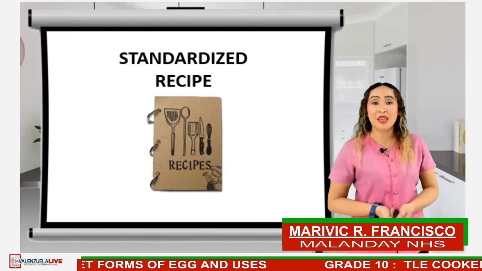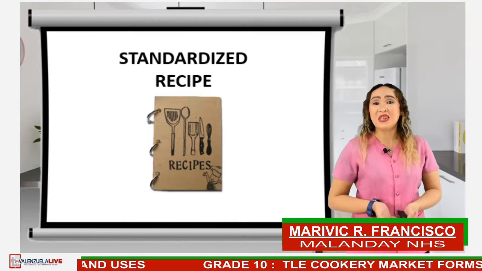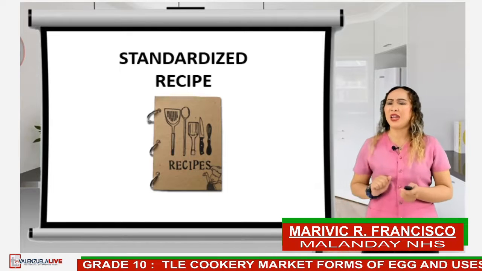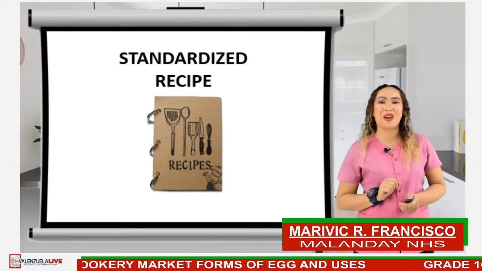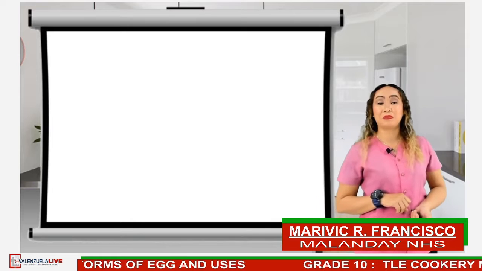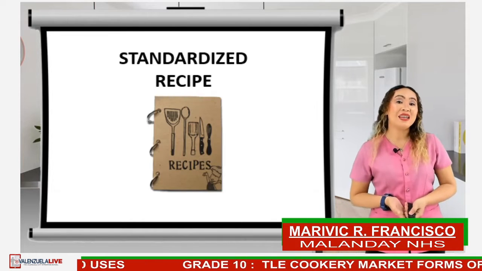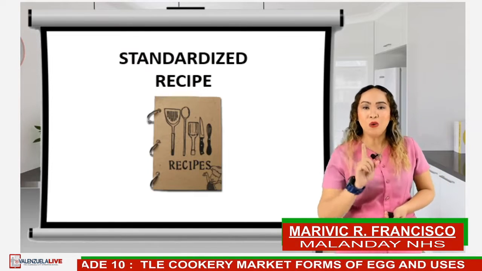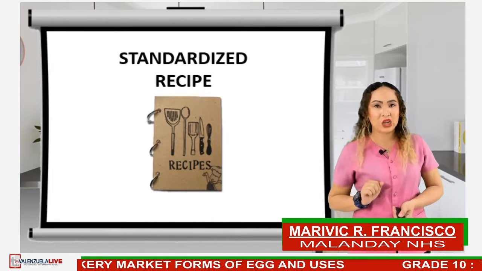Before we start with our lesson for today, let's have a review of what we had discussed last week. We had learned about standardized recipe and its different parts. Let us recall them. A standardized recipe is a set of written instructions used to consistently prepare a known quantity and quality of food for a specific location.